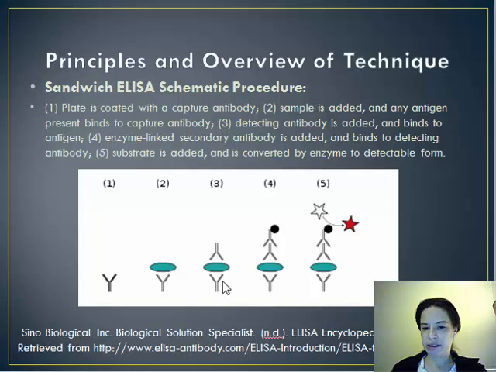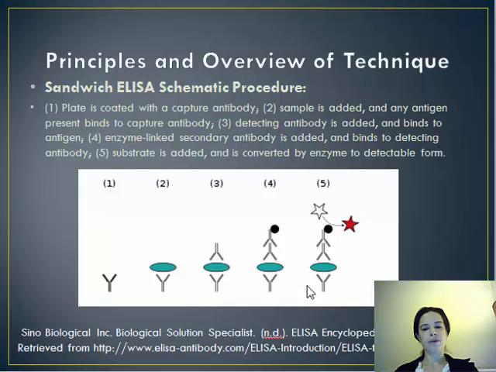Then the second part of the sandwich, your detector antibody, will bind to your antigen. And then in diagram 4, you have an enzyme linked secondary antibody that will be used for your detection technique.